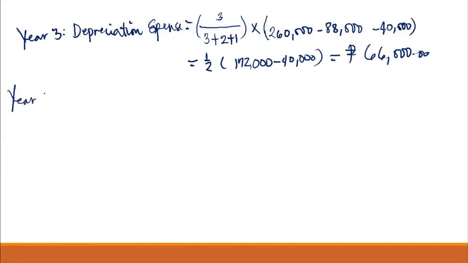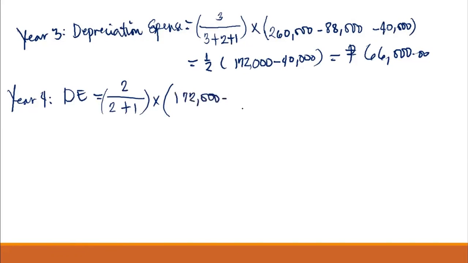Nasa year 4 na tayo. Year 4, DE na lang natin. Shortcut na natin depreciation expense, DE. So, 2 taon na lang. So, 2 plus 1 times 172. Okay, 172,000 minus yung 66 sa ipakatlong taon minus the scrap value na 40,000.